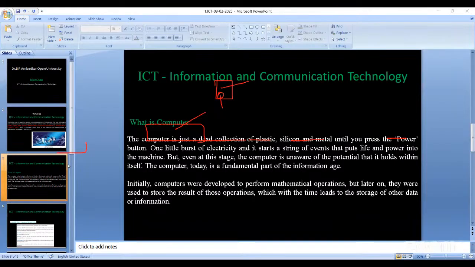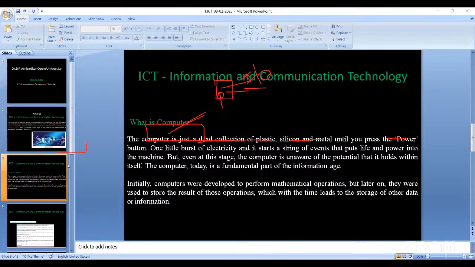Here collection means the computer contains many components, which we can call input output devices, IO for short.